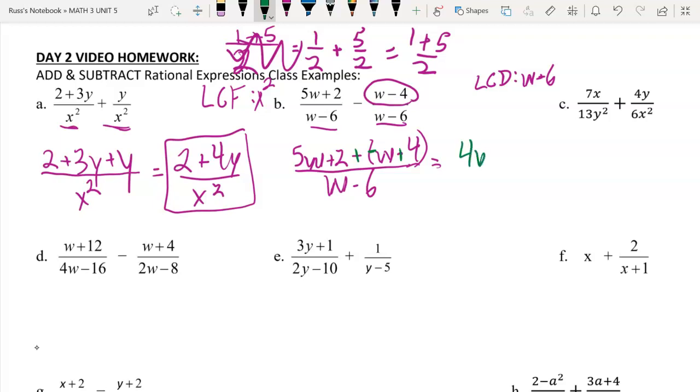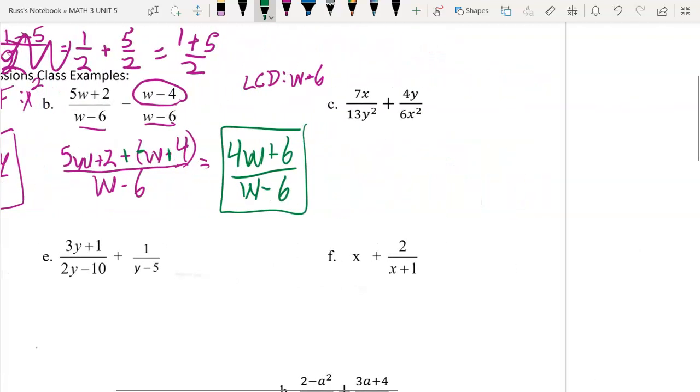So I end up with 4w plus 6 over w minus 6. Well, I can factor a 2 out of this 4w plus 6, but it's not going to give me w minus 6, so I won't be able to reduce anything. It's fine to leave my answer at 4w plus 6 over w minus 6.